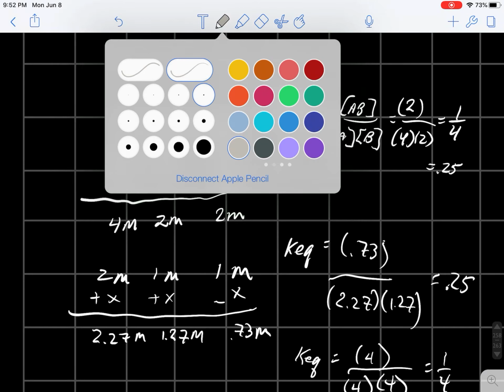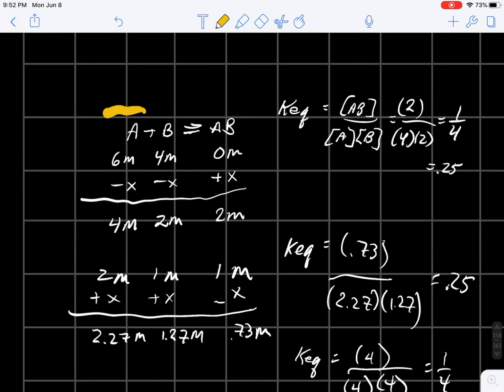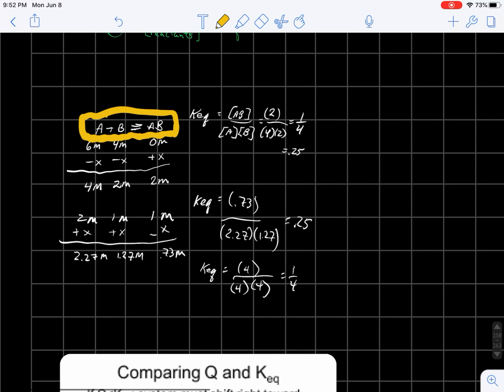I want to focus on this one right here. All right, so we got our reaction: A plus B produces AB. Now, suppose I start with 6 molar A, 4 molar B, and 0 molar product. Well, we know that in order to reach equilibria, this reaction has to start producing products.